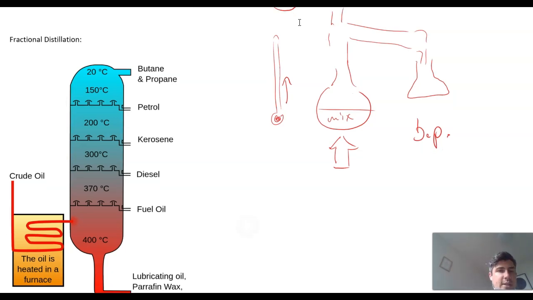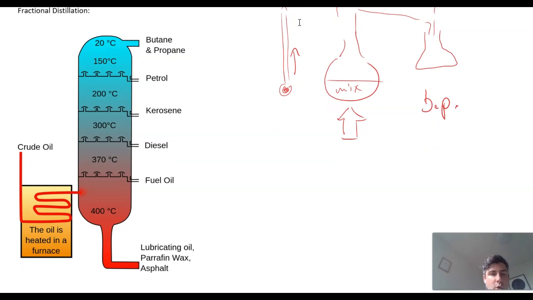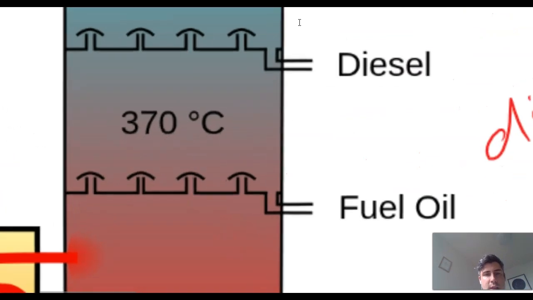With fractional distillation, what we do is we put all of the mixture into the distillation column here. So this is called a distillation column. And the crude oil is heated up at the bottom. So the heat is applied here. And so it's hottest at the bottom. And what happens is gradually the mixture will slowly start to boil, and it travels up through these little valves here.